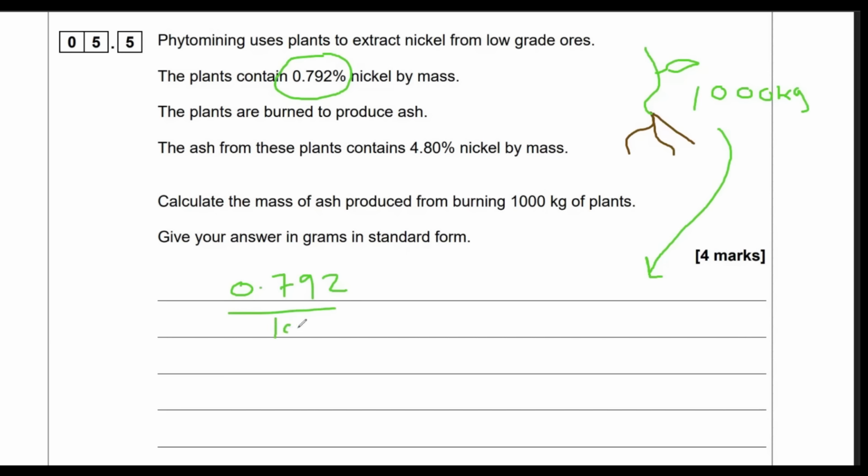When you want to times something by a percentage, divide by 100 first, guys. And that is going to tell me that I have 7.92 kg of nickel in the plant. Okay, so we get our pile of ash because we set fire to our plant. So we burnt it away.